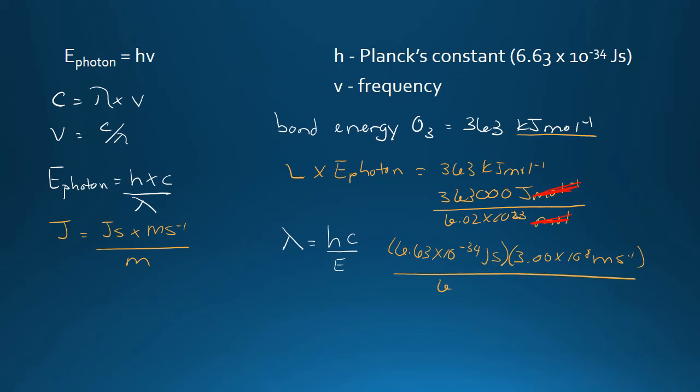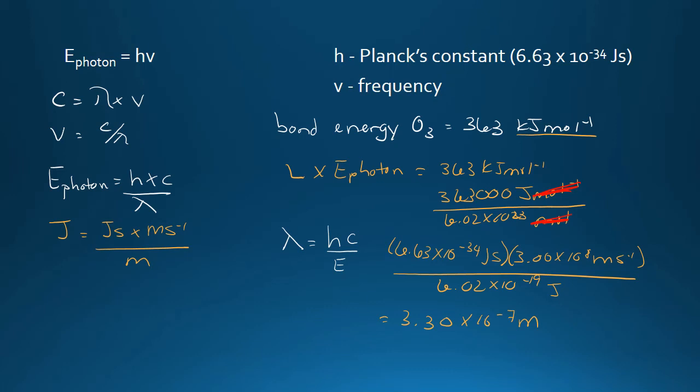Divide that by 6.02 times 10 to the negative 19 joules. All right, so that means joules cancels out, seconds cancel out, we're left with meters, we are good to go. So that is going to give us 3.30 times 10 to the negative 7th meters.